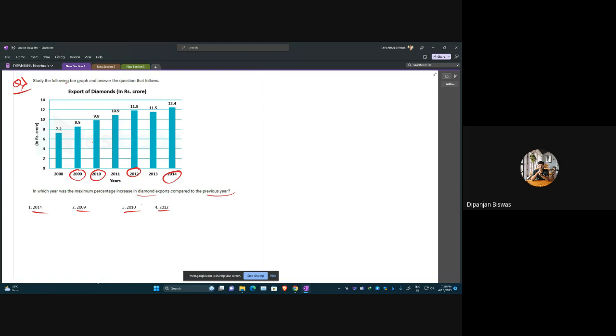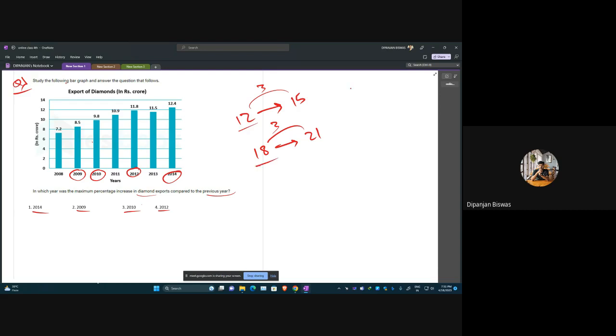Okay. So to determine the percentage, suppose a number is given, 12, and it is increasing to 15. So there is an increment of 3, as you can see here. Again, a number is given, 18. It is going to be 21. Again, here is an increment of 3. As I have told you earlier, all the increments are calculated on the basis of the base year, that is 12.